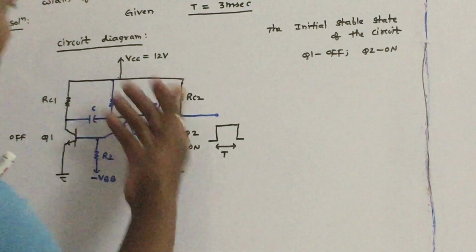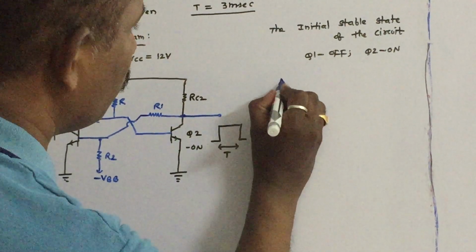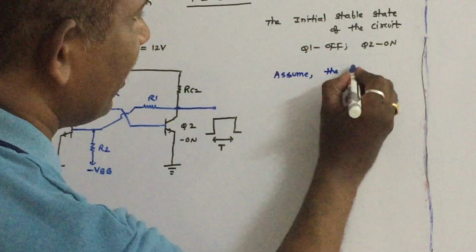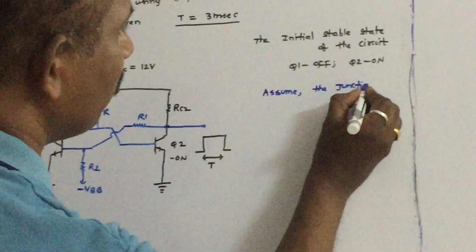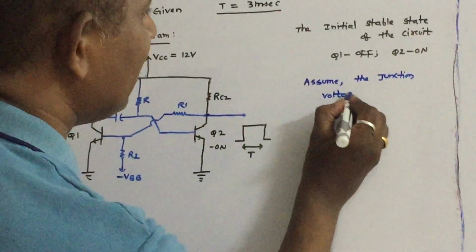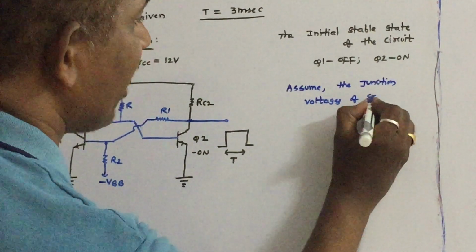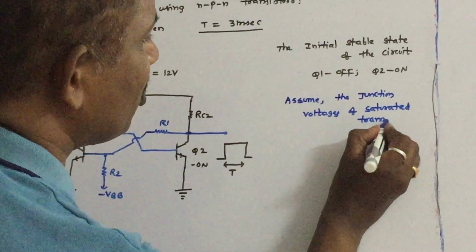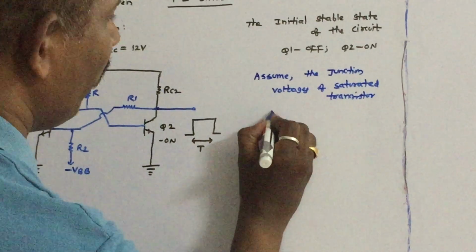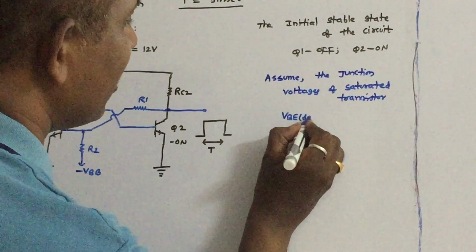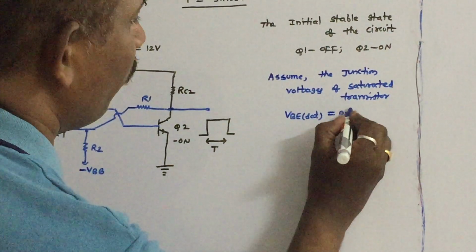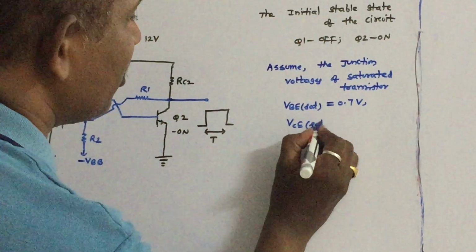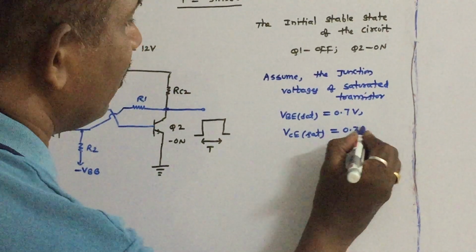Because the design parameters are not given, assume the junction voltages of a saturated transistor. Generally we assume VBE saturation is 0.7 volts base to emitter voltage, and VCE saturation is equal to 0.3 volts.